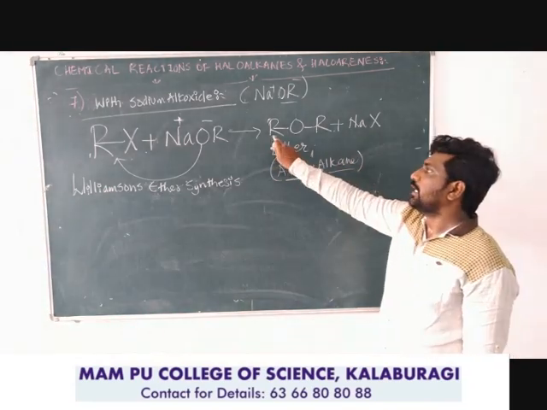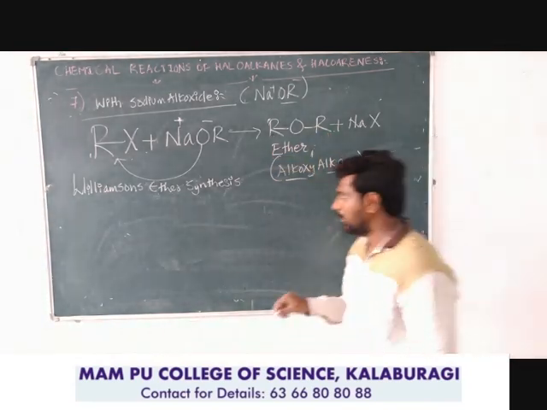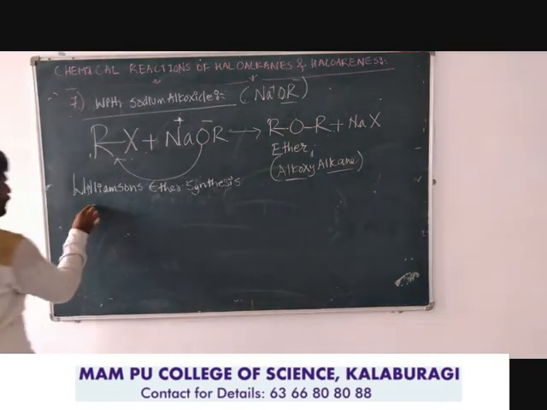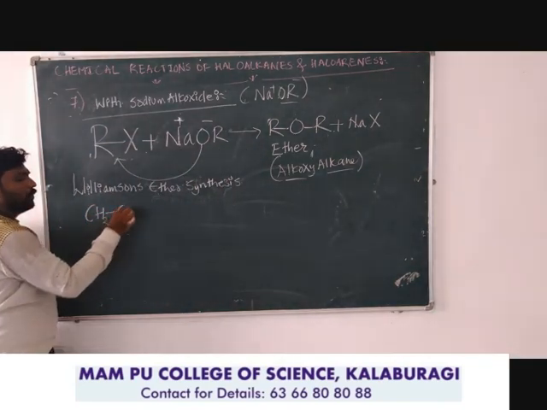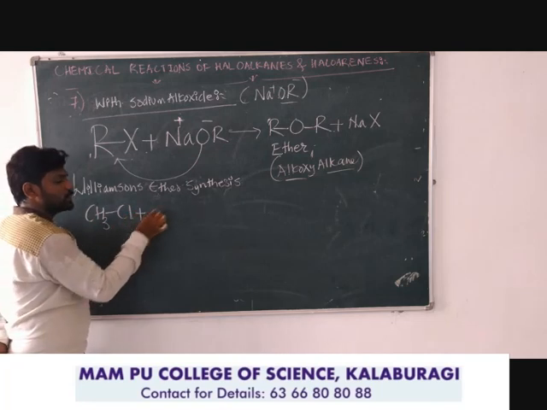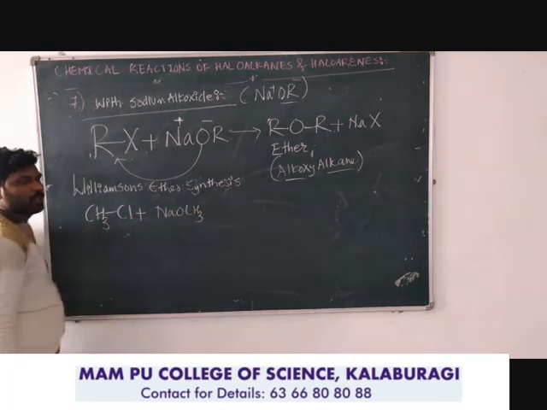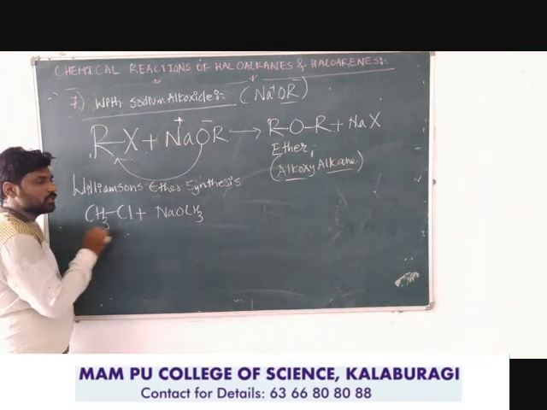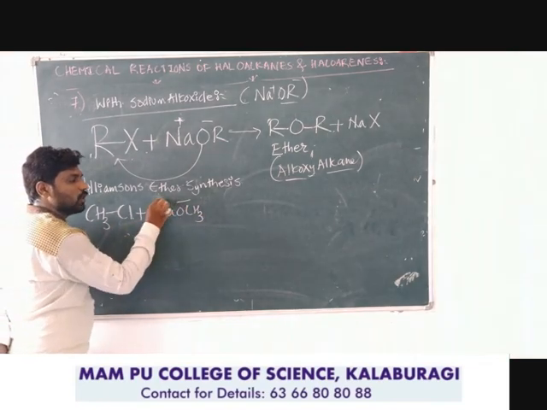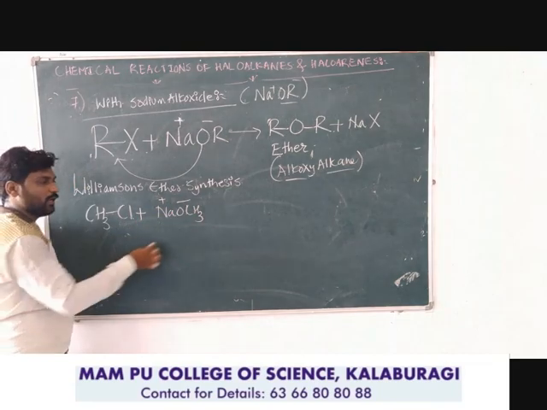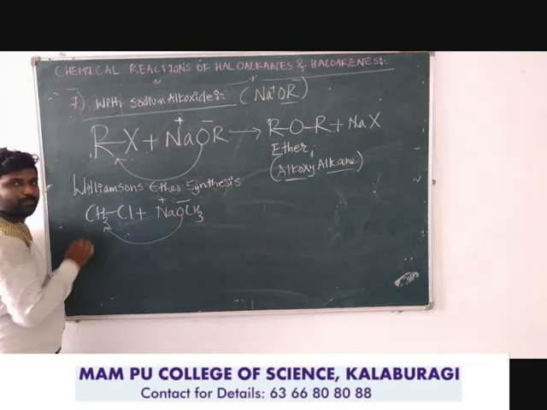For example, both are same. If both alkyl groups are same, when chloromethane is heated with sodium methoxide, methoxide behaves as the nucleophile and attacks the methyl group.